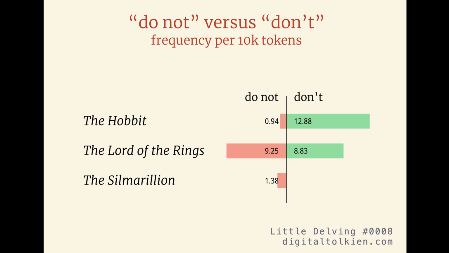And so we look at how many times each of these occur per 10,000 words, or more precisely, per 10,000 tokens. Just as an aside, the whole question of what constitutes a token can get a little more involved once you start to ask questions about whether punctuation counts and how you handle hyphenated words.